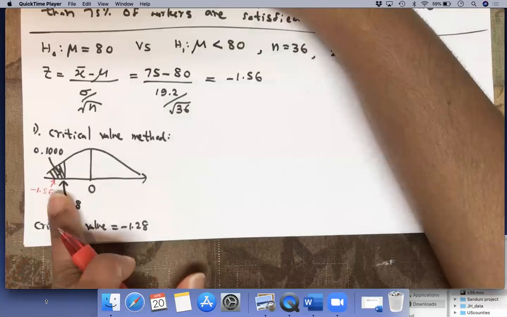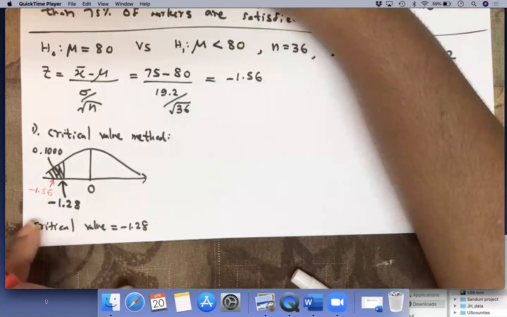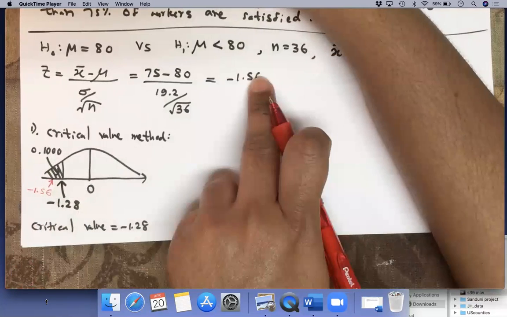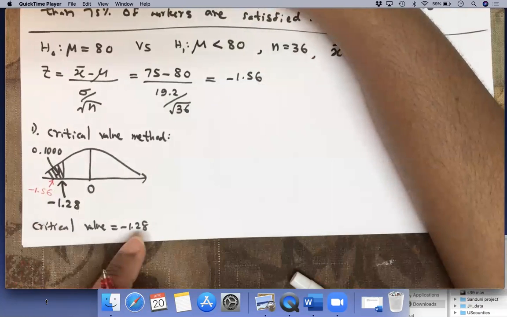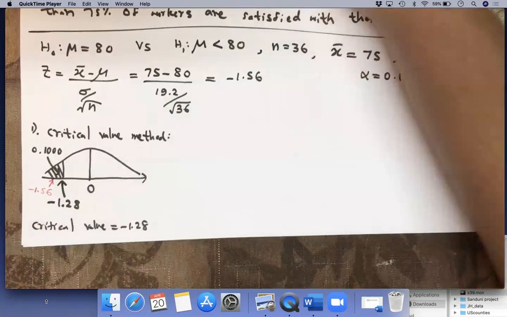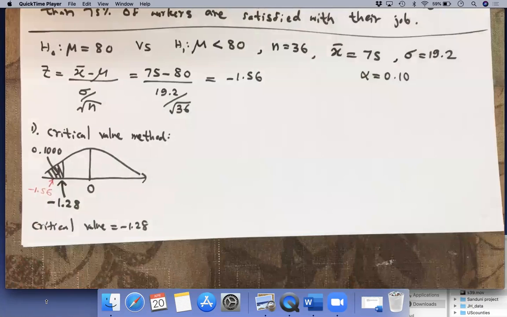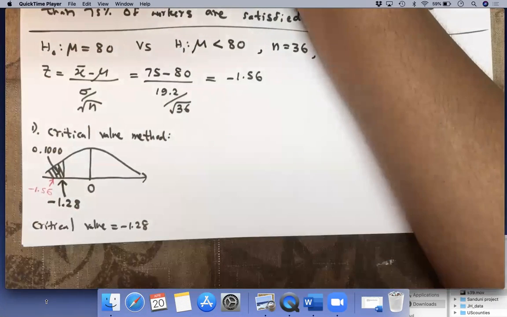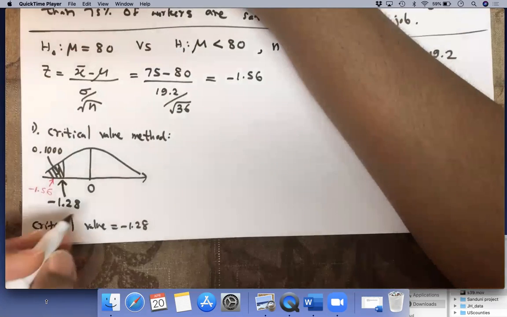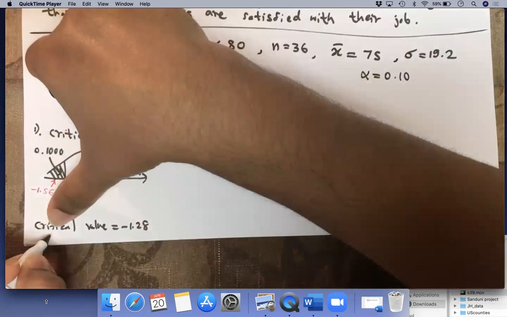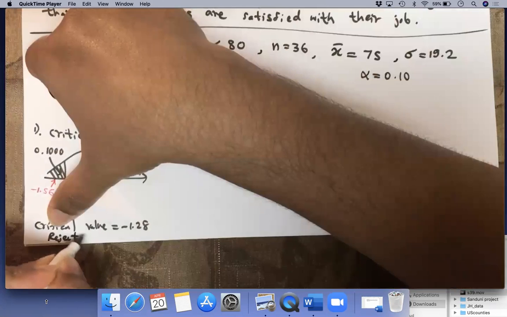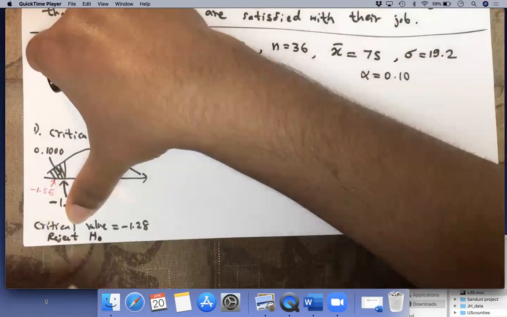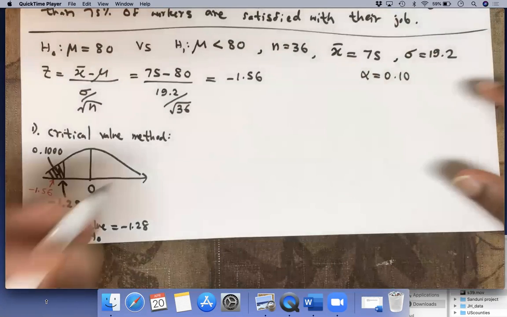So can you see? Our test statistic is less than our critical value. So what is the conclusion? We reject H0. I will write it here. Reject H0.